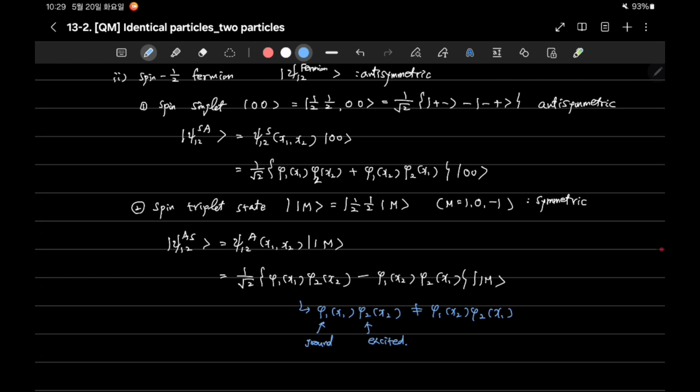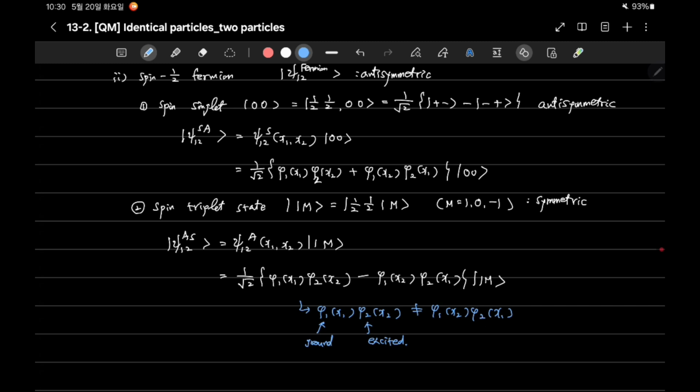In the previous ground state case, the exchange of one particle and the other, x1 x2 and x2 x1, is identical, so there is no possibility. But in this case it is not identical, because the first particle is in the ground state and the second particle is in the excited state, but here the second particle is in the ground state and the first particle is in the excited state, so it is not zero.